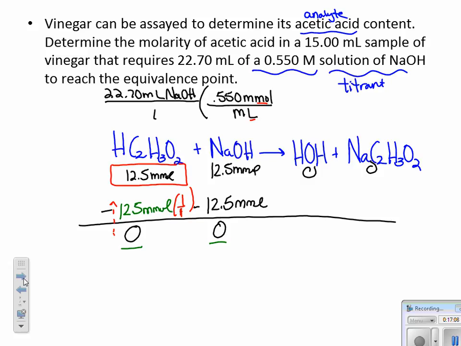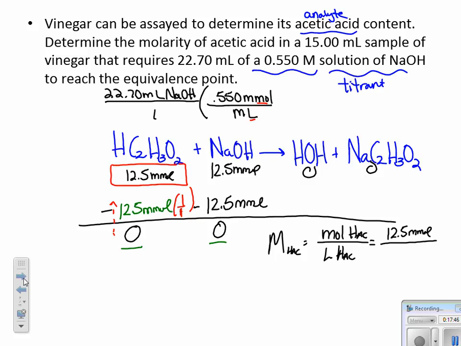Again, we are solving for the concentration, the molarity, moles per liter. So if we want the molarity of acetic acid, I'm going to abbreviate that HAc, that means we want moles of acetic acid per liter of acetic acid. And notice that we can use millimoles per milliliter because the millis themselves cancel. So we have 12.5 millimoles of acetic acid. We know that from the amount of sodium hydroxide that was used and our mole ratio, 1 to 1.